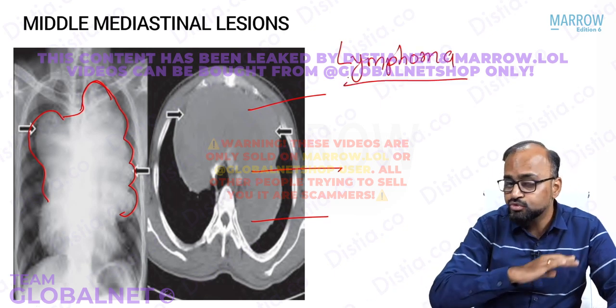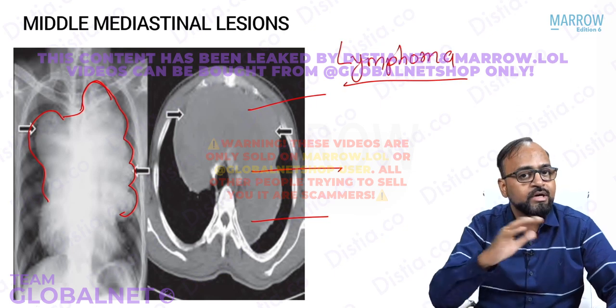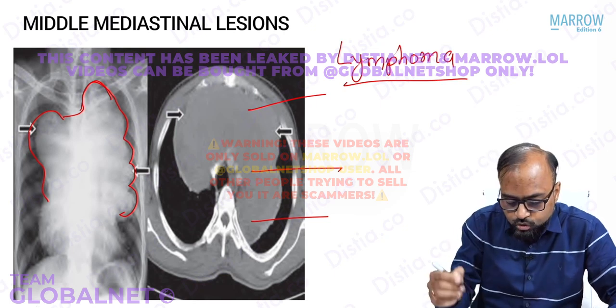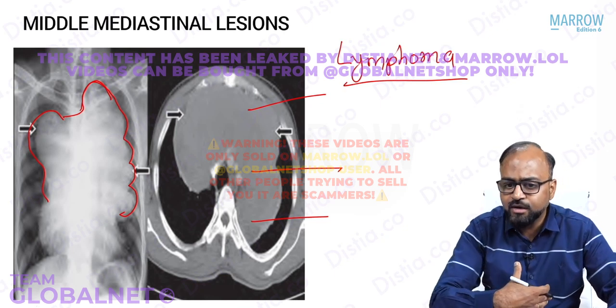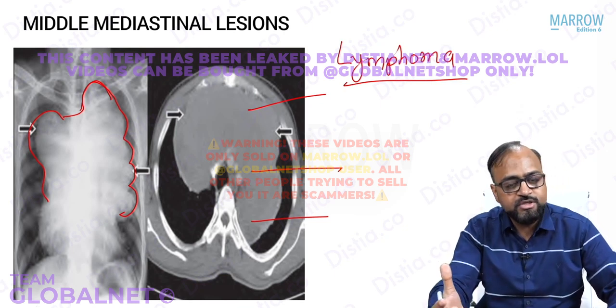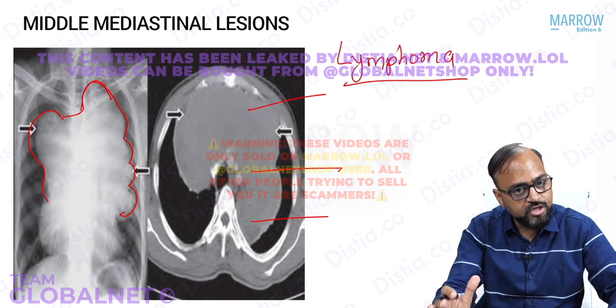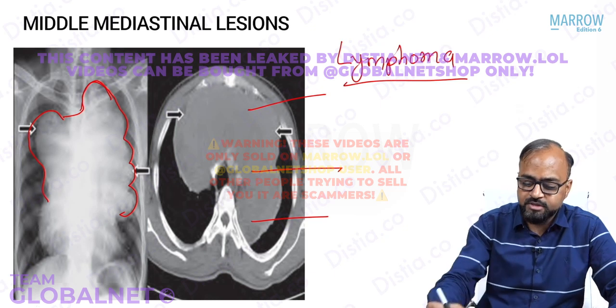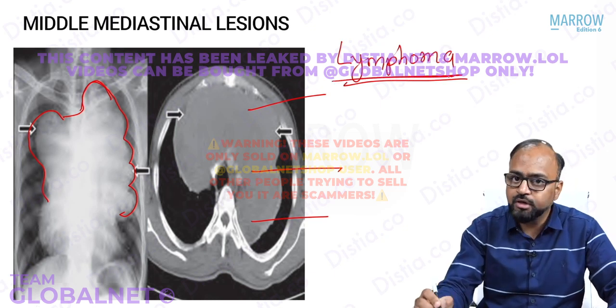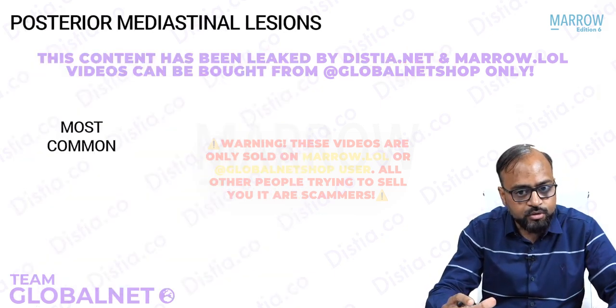It is showing diffuse low level uniform enhancement, no heterogeneity, on this post contrast CT study as well. So a lesion which extends across multiple compartments and shows uniform low level homogeneous enhancement, with no heterogeneity, suggests a lymph nodal mass or a lymphoma. So this is a very peculiar feature.